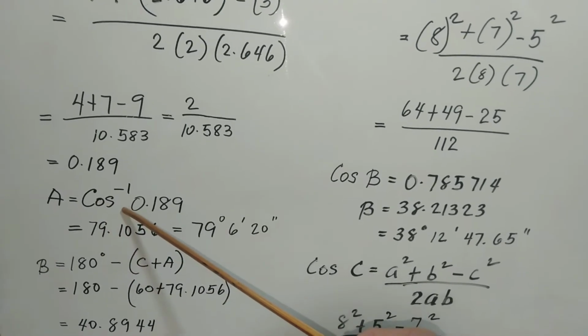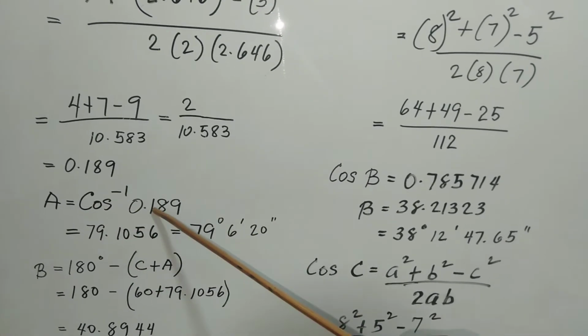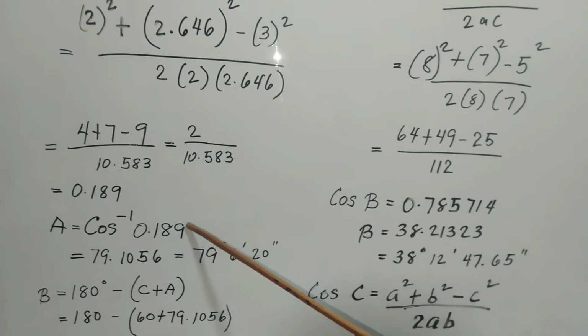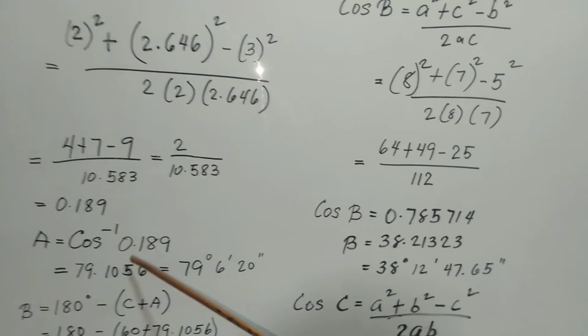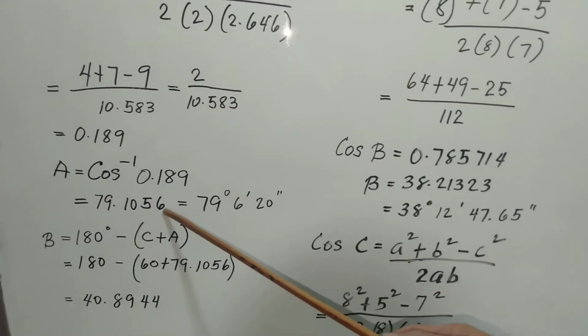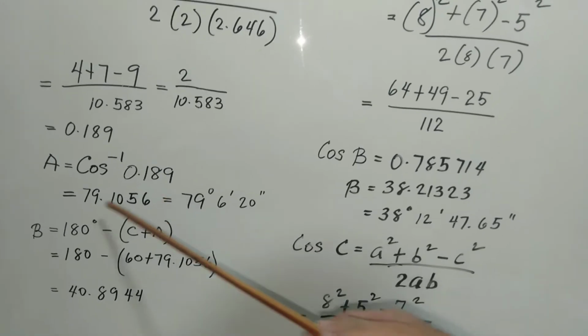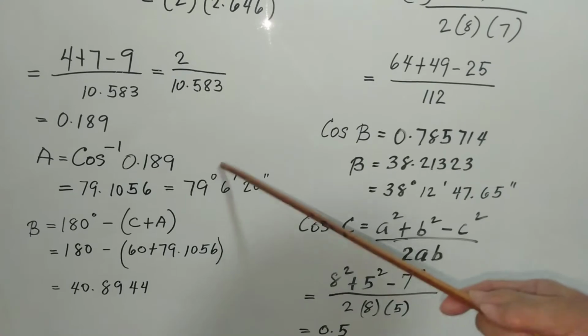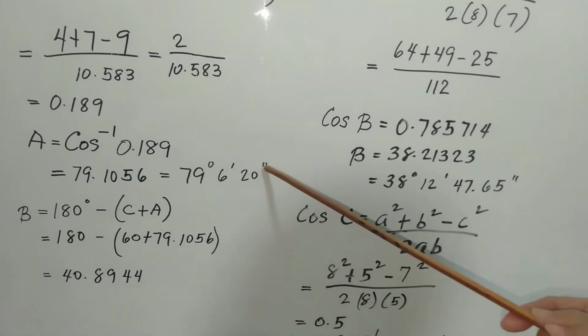To get the value of A, because this is the value of cosine A, we just get the arc cosine of this value here. We can use tables or calculators also. So getting the arc cosine of 0.189, we get 79.1056 degrees. If we convert this 0.1056, we will get 79 degrees, 6 minutes, and 20 seconds.